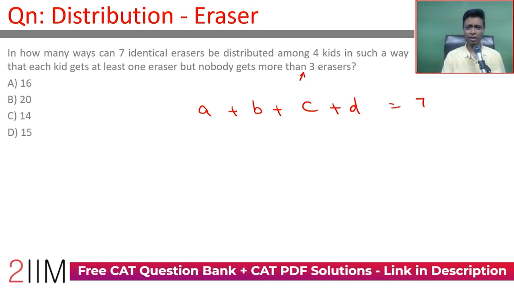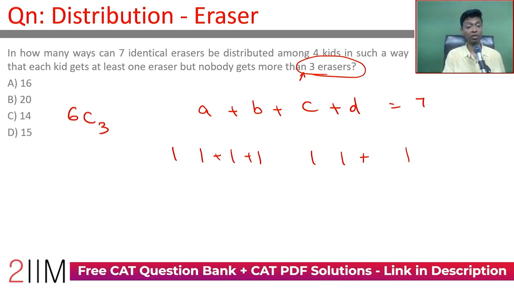So think about this. Let's forget this 3 eraser constraint. So we have 1, 2, 3, 4, 5, 6, 7 erasers put among 4 kids. Just like saying I'm distributing some plus symbols here. If I put 3 plus symbols somewhere in these slots, then I'm good. There are 6 slots, and I have to select 3 plus symbols among them. 6C3 ways of doing this.